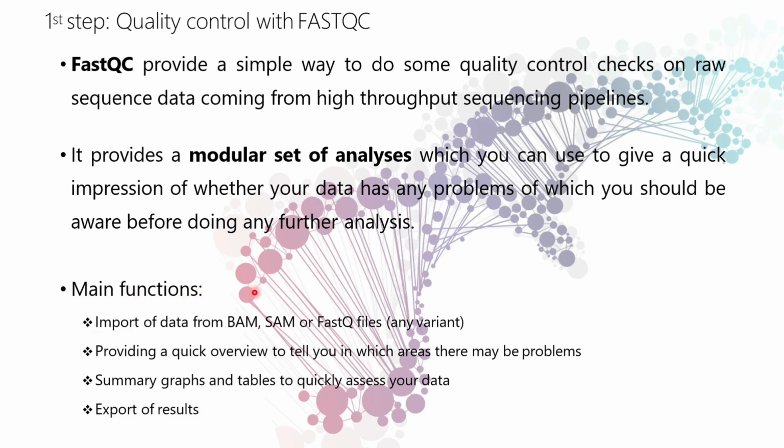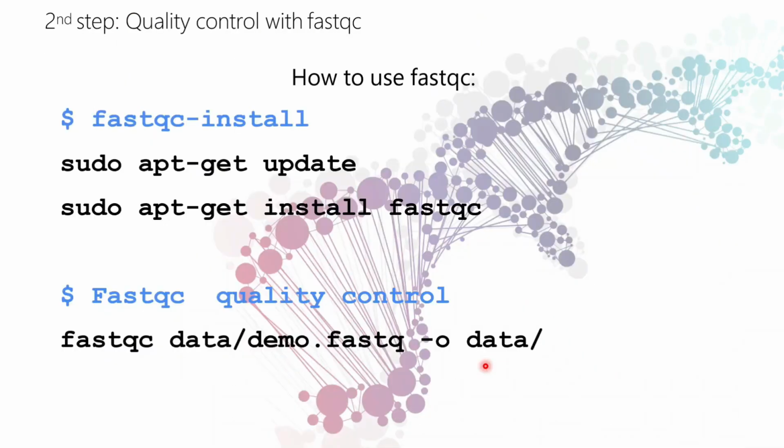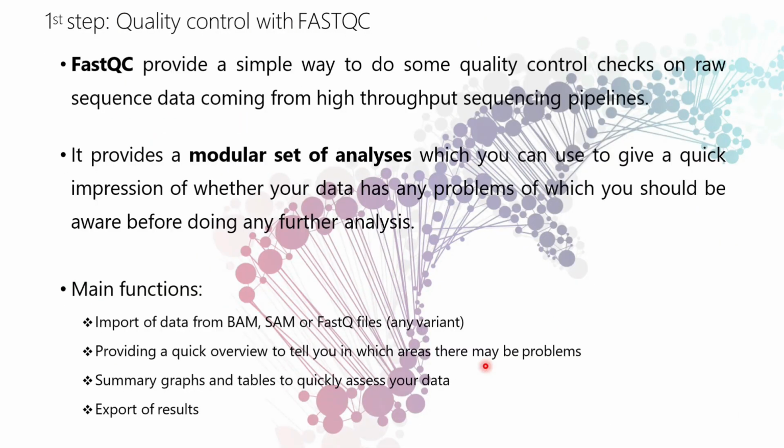The main function of the FastQC tool is that it imports any kind of data. You can apply FastQC on SAM data, BAM data, or a FastQ file. It provides a quick overview to tell which area of our sequence has problems. Summaries and graphs are created for easy access, and then we can export the results.